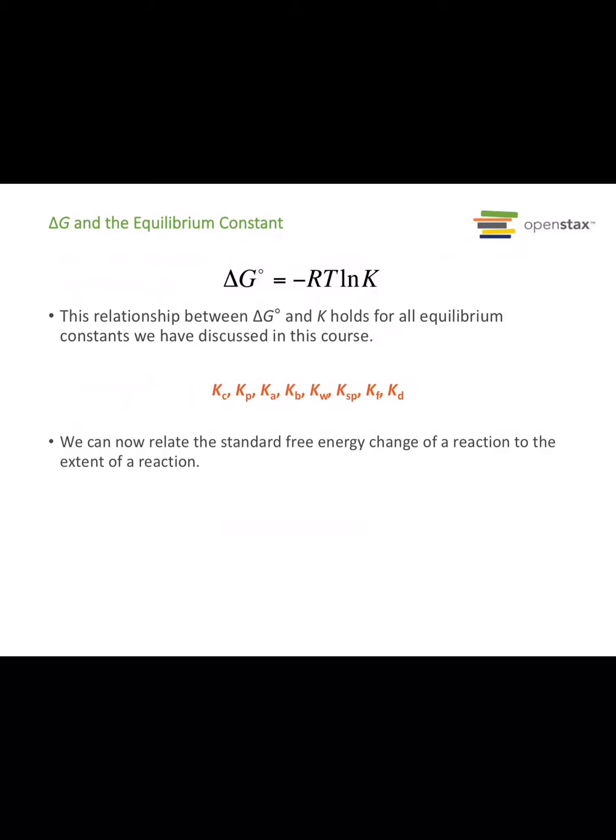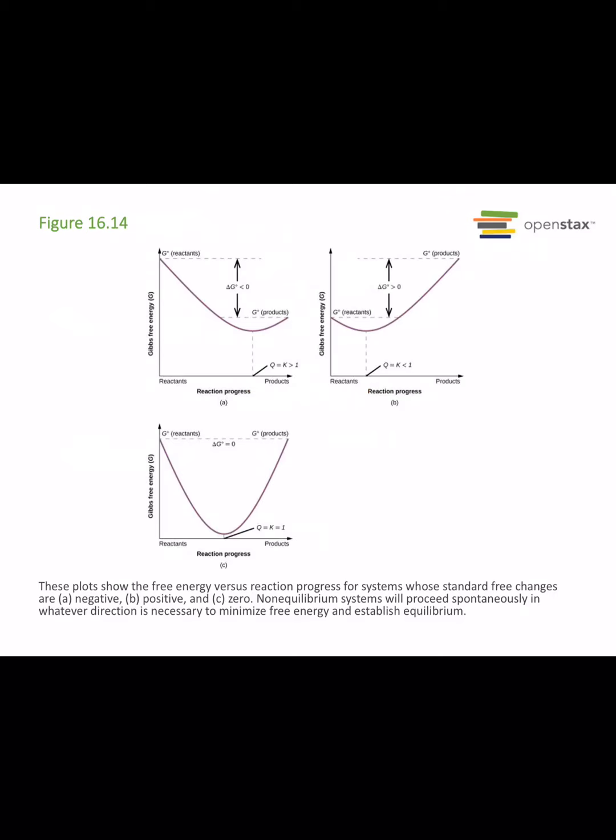So you've been learning about K from at least midterms till now, right? So everyone understands K and what that means in terms of equilibrium. And so here we have these three plots, and what I want you to look at with these three plots is the relationship between G and K.